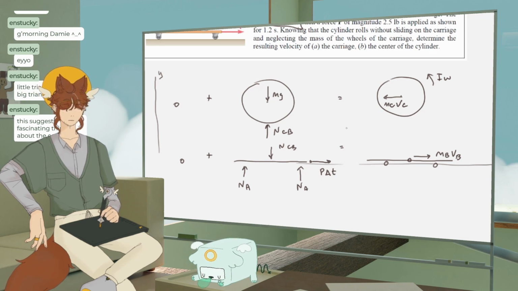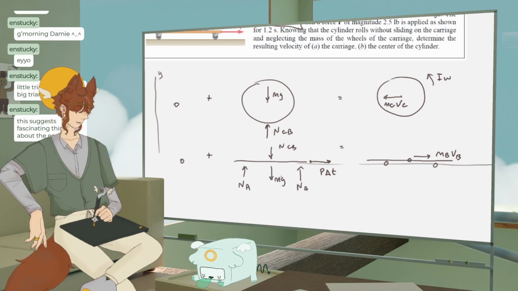Not really a fan of how many unknowns we have. Can we take a moment to get rid of many of them? If we took the moment about that contact point, like CB, we could get rid of most of them except for the normal forces. How much do we want to bet those normal forces are negligible? Maybe.